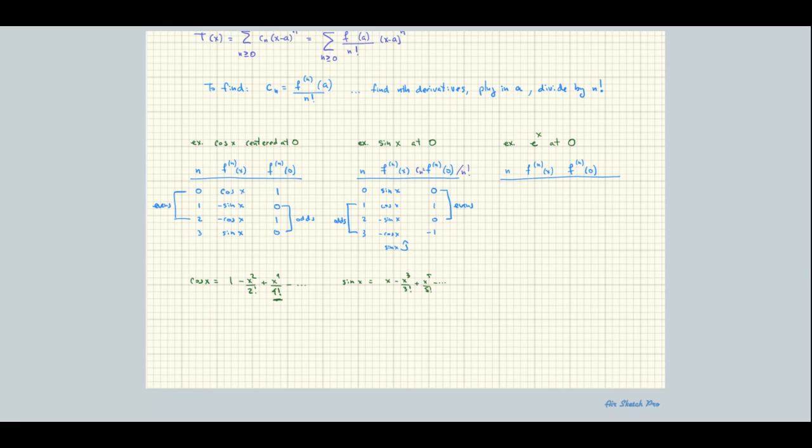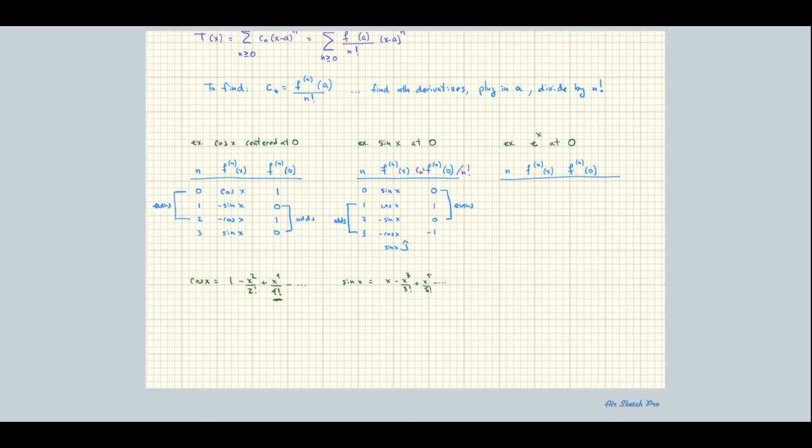How else can you see that this is infinite? This is always going to converge. I want to point out that for any value of x, x to some particular power over that n factorial is eventually going to go to 0.